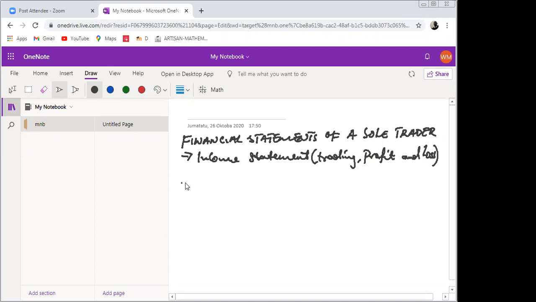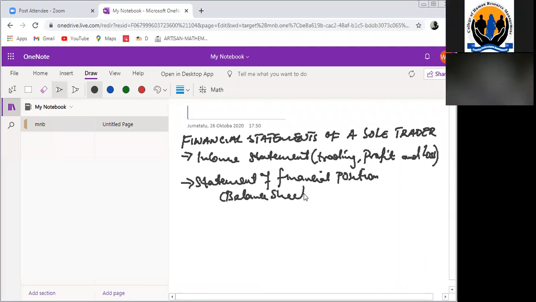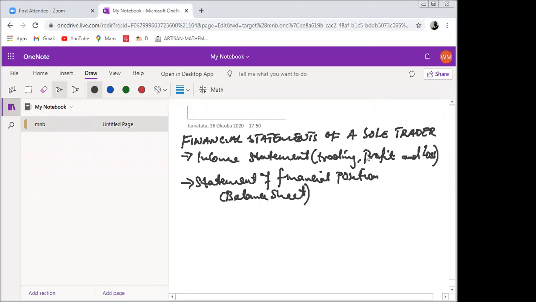And then the other statement is the statement of financial position, which used to be known as the balance sheet. These are the two statements that we are going to prepare under this topic.